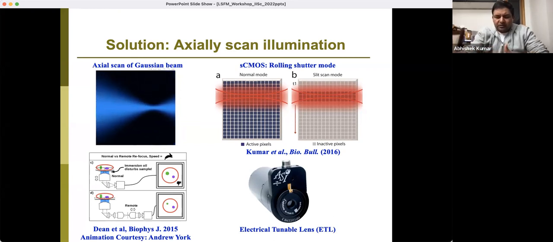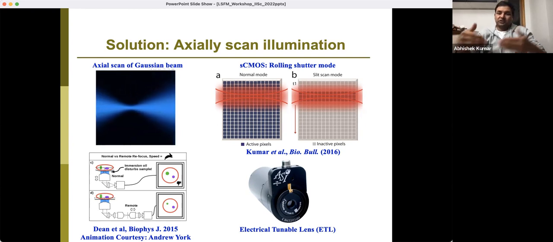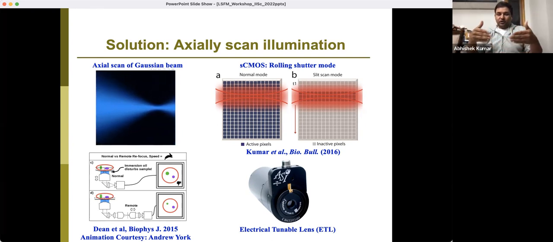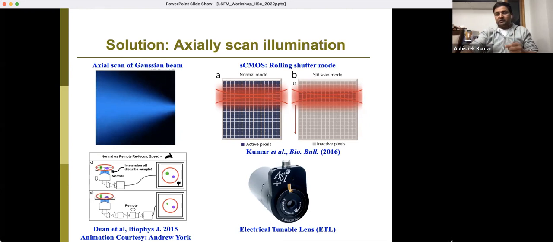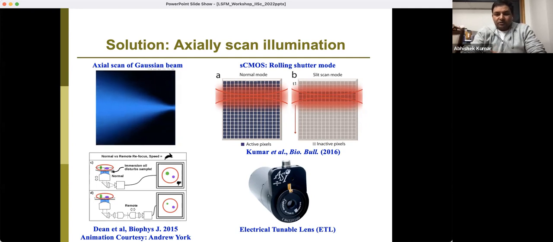Earlier iterations were limited in how far you can go, but lately people have come up with better electronics, and you can almost go up to a millimeter. You can scan the beam waist. So basically you can take a high NA lens or high NA Gaussian beam and raster that beam waist along the optic axis fast. Similar approaches people have also implemented using SLM and so on.